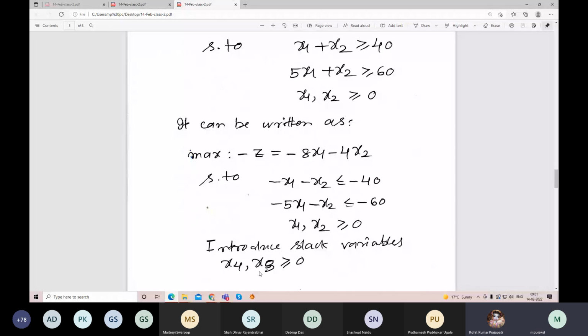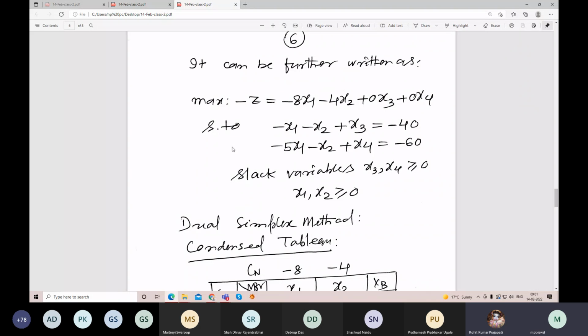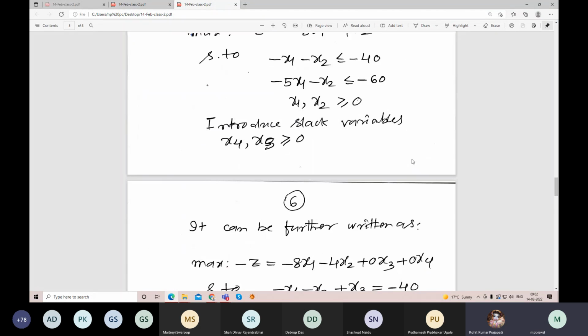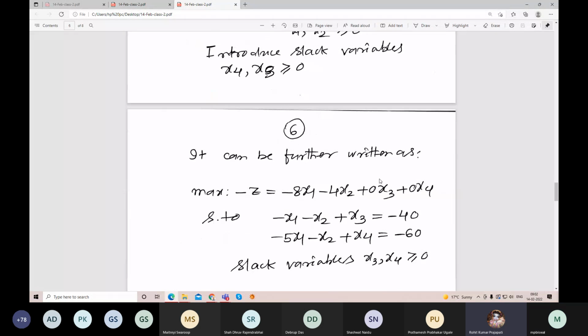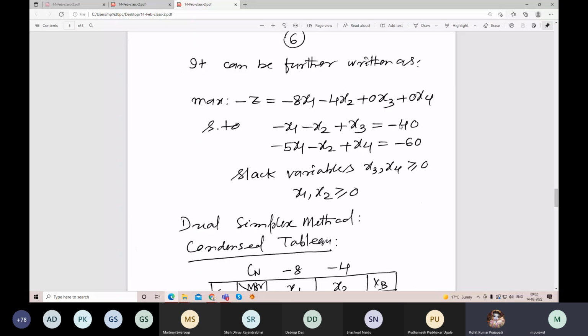Every objective function we put in maximization form, constraints in less than or equal to type form, and introduce slack variables x3 and x4, first one for x3 and second one x4, and put it in tabular form. This is minus z, minus 8x1 minus 4x2 plus 0x3 plus 0x4, and the right hand side, 40 and 60, becomes minus 40 and minus 60.